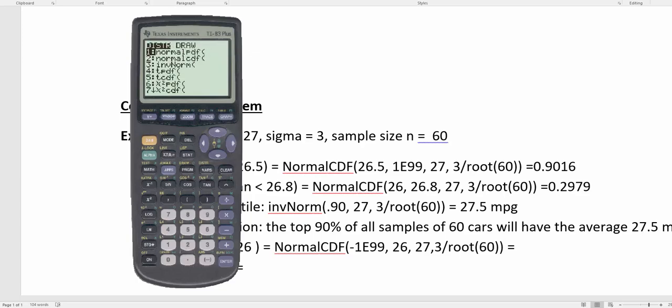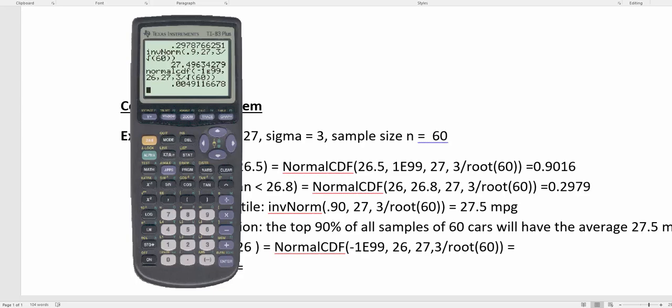Second variables, normal CDF. We go from negative infinity up to 26. Mean is 27. Standard error is 3 over root of 60, which is actually small. We have a very small spread for this distribution.